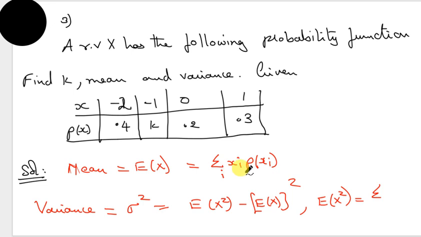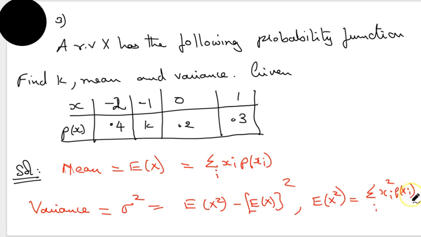If it is x, it is xi p of xi. If it is x squared, it is xi squared into p of xi. So these are the two main things we will be encountering in this problem.